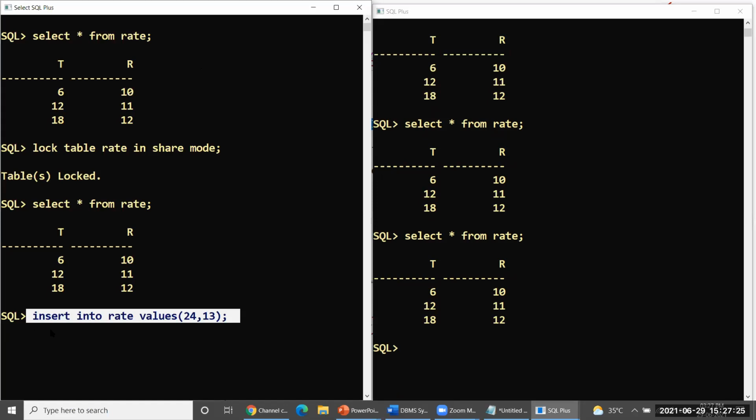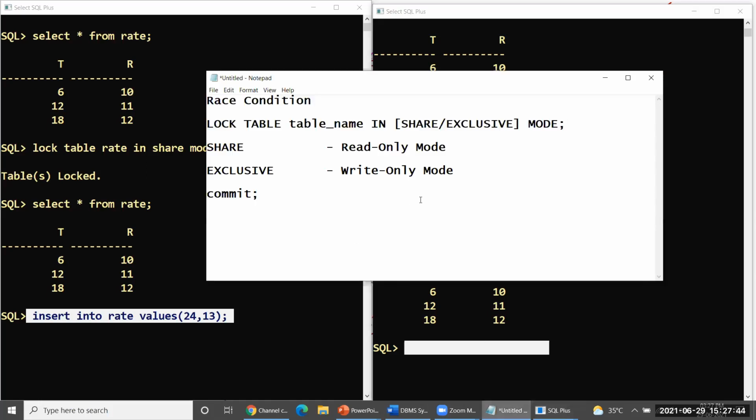When this particular person comes out from the deadlock mode, there are two possibilities. The first one: the opposite person releases the lock. So number one, the read conflict will be resolved in two possibilities.